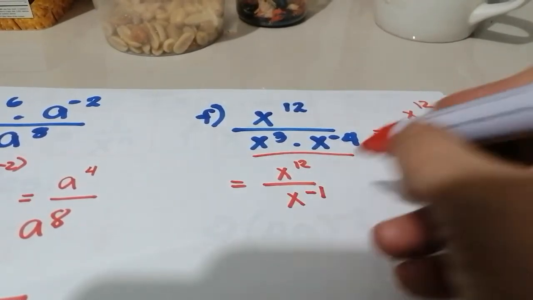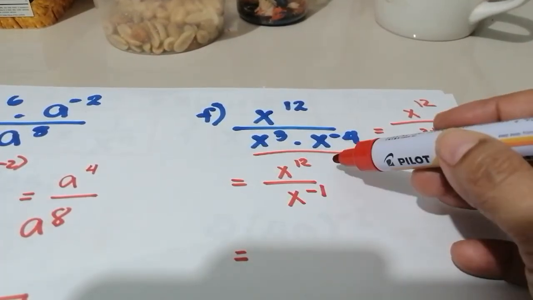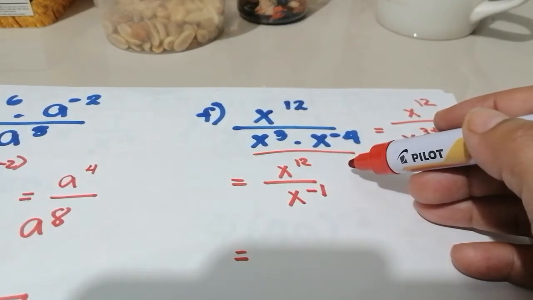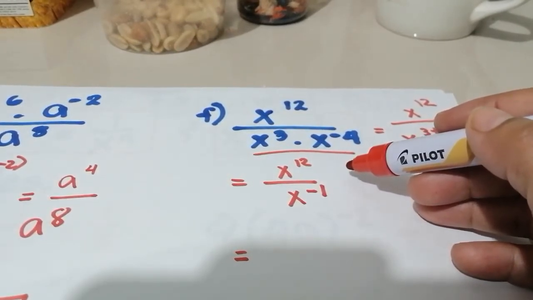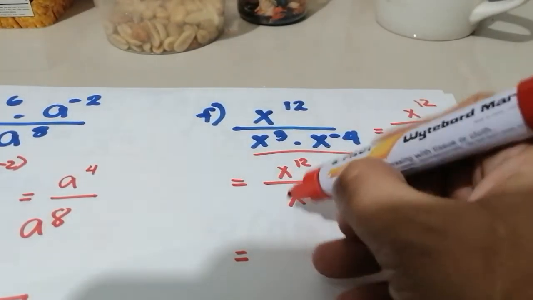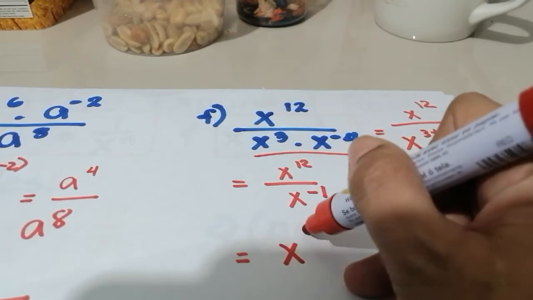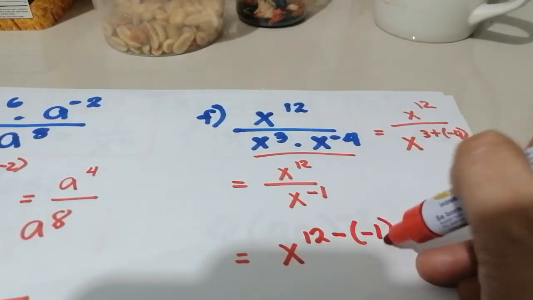Okay, next is we're going to do the division rule, and the division rule states that we are going to subtract the exponent. Okay, so copy again the bases and then 12 minus negative 1.